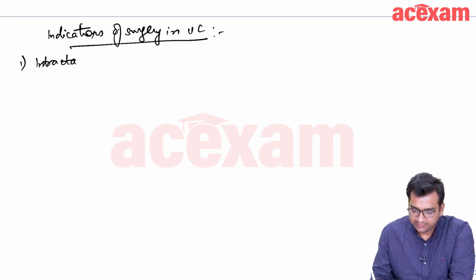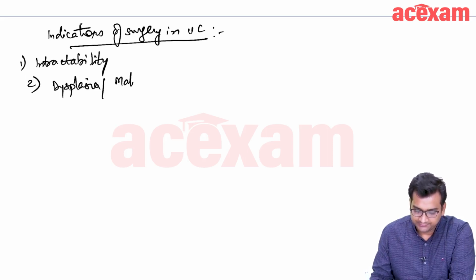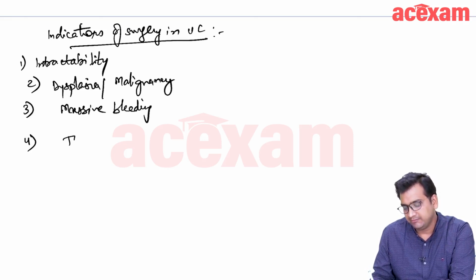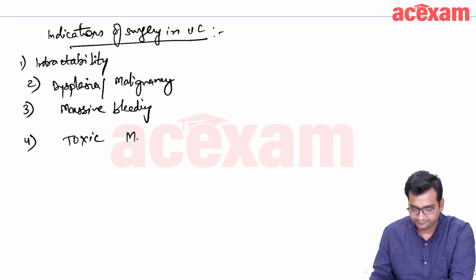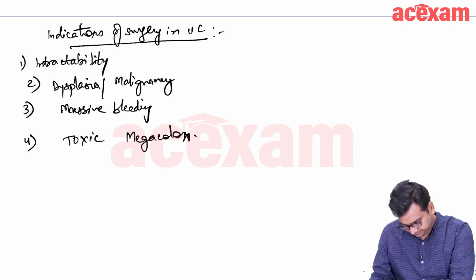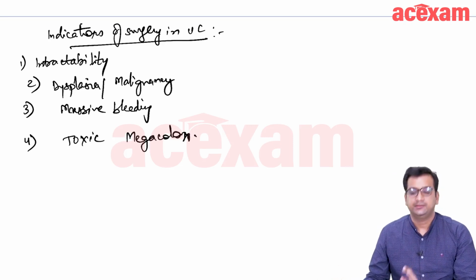Intractable disease or not responding to medical management, development of dysplasia or malignancy, if there is a massive colonic bleeding, or if there is development of a toxic megacolon. These are the indications for surgery in ulcerative colitis. Okay.